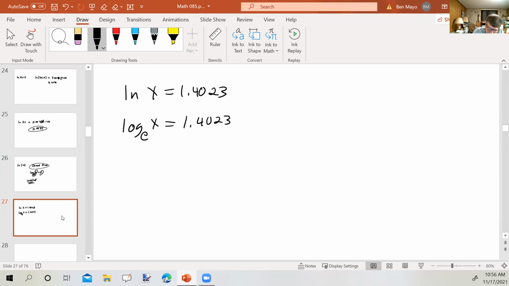All right. So log base e of x equals 1.4023. If I rewrite that as an exponential equation, I get e to the 1.4023 equals x. So it said express all answers to 4 decimal places. So I've got e, so I'm going to go second ln. So I get e to the, and then here I'm going to put 1.4023.